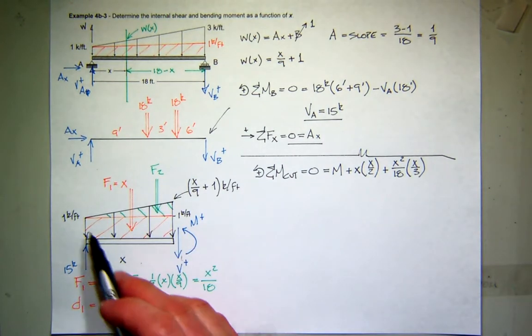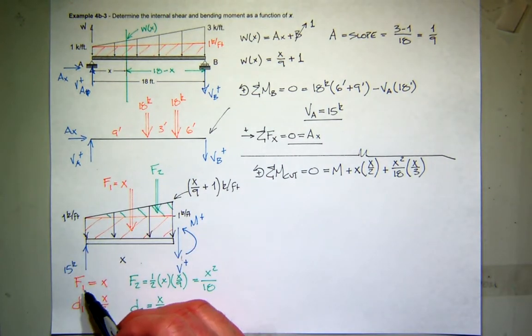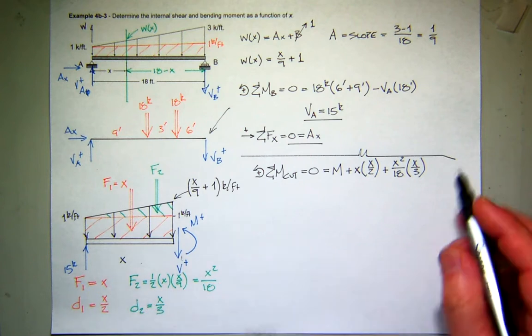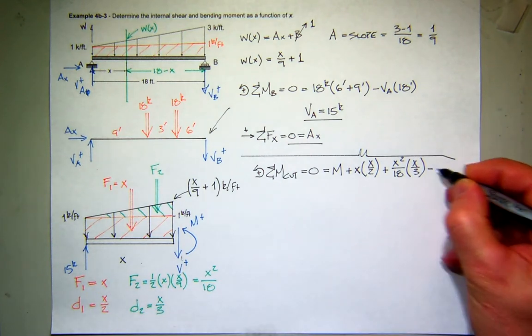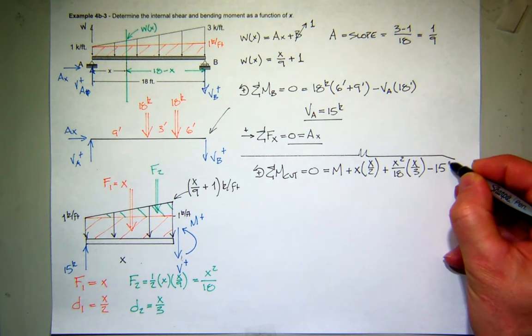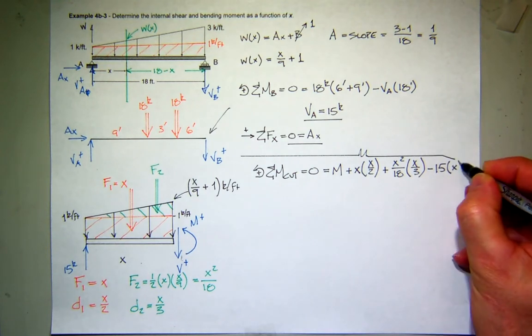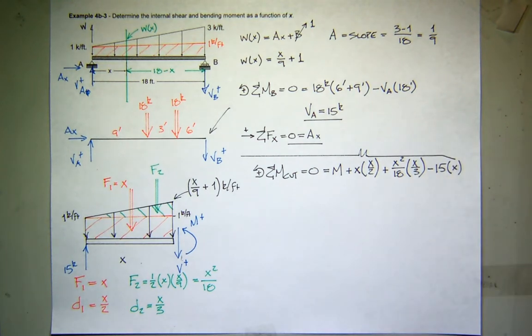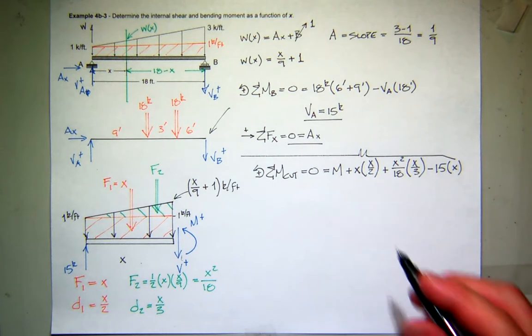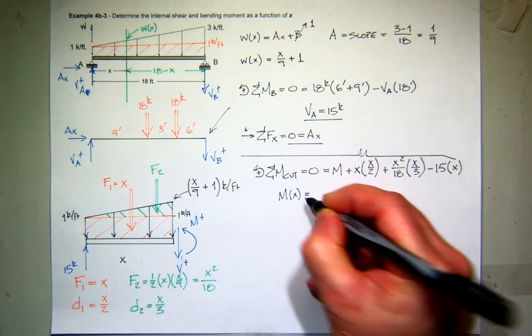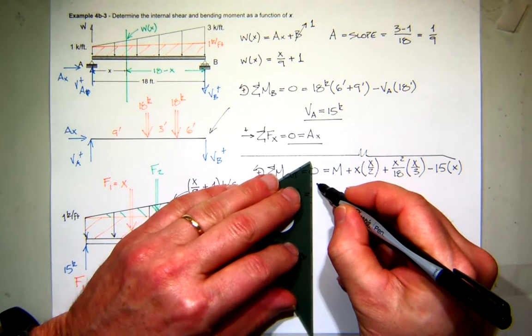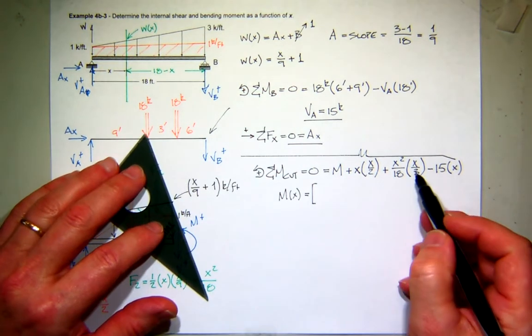So I've accounted for these two. And then all I have left is the shear force over here at A, and that's going to create what kind of moment? Positive or negative? Negative. And the force will be 15, and what's the moment arm? x. So all I have to do is solve for the moment. So when you solve for the moment, it'll be a function of x. I'm going to rewrite the order of the terms, so I put the highest order first.